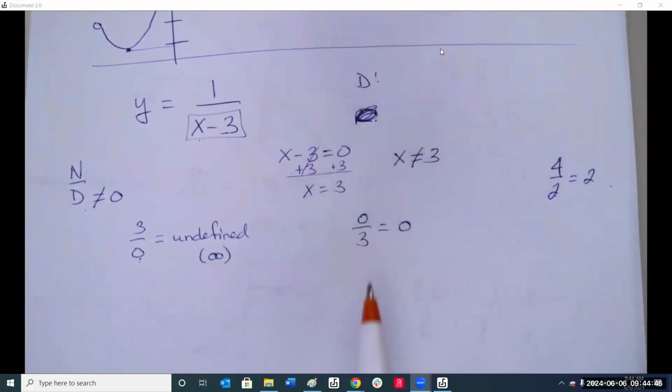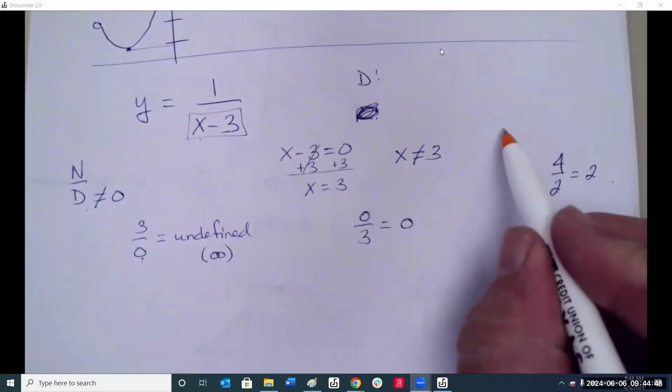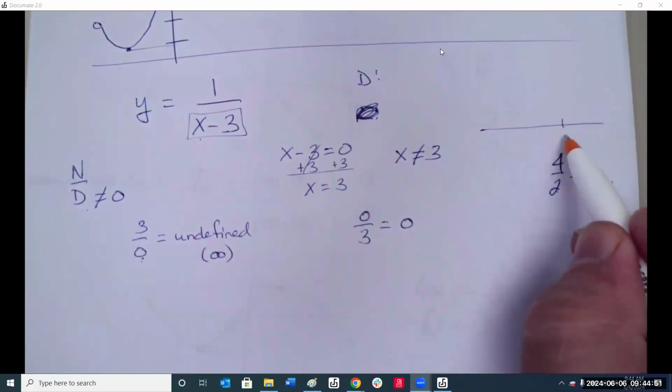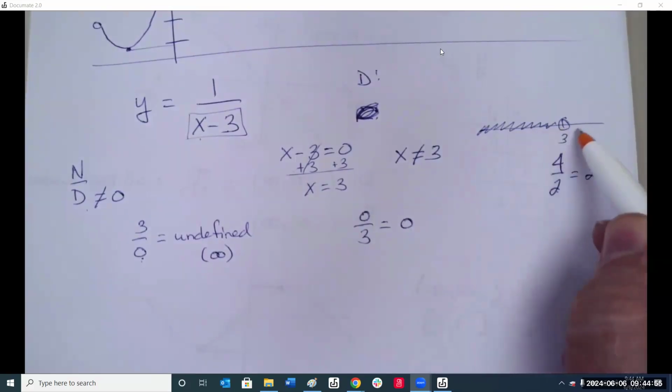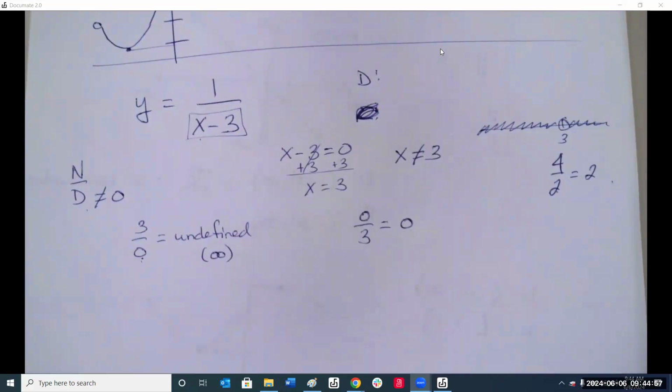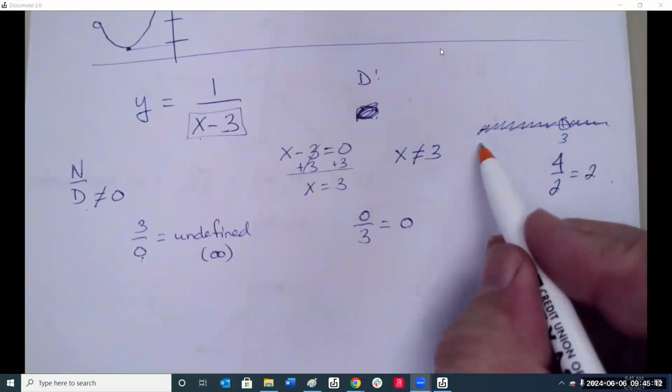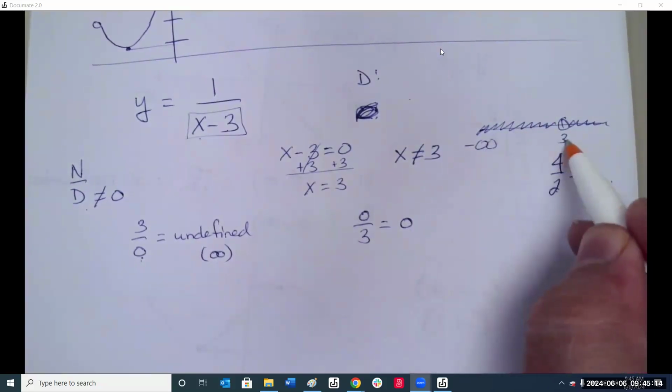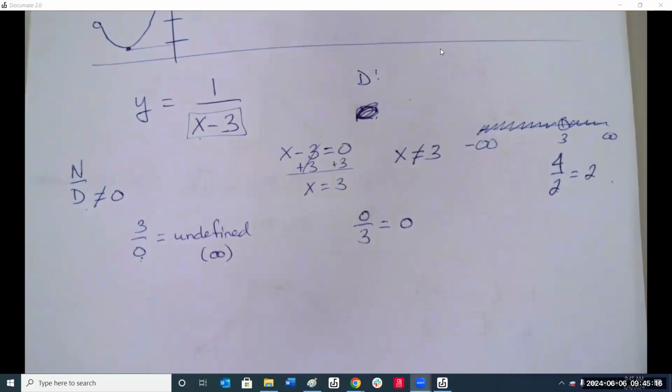So what is my domain? If we look at the number line, we can use everything. We can use every number except 3. How do we represent that as a domain? Well, we know we can go from negative infinity to 3 and from 3 to positive infinity, so it's 2 parts.